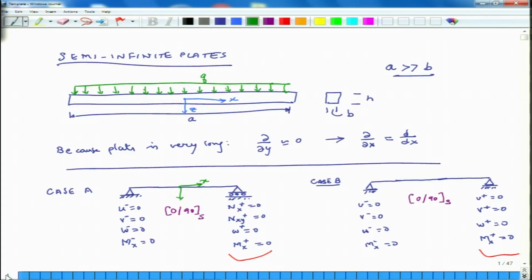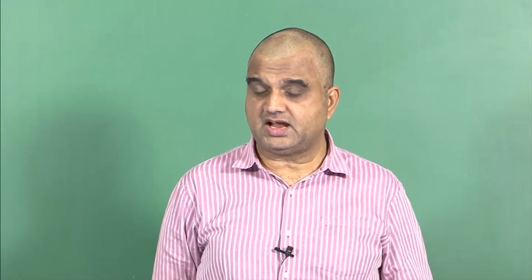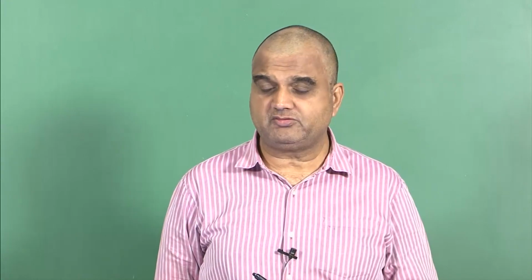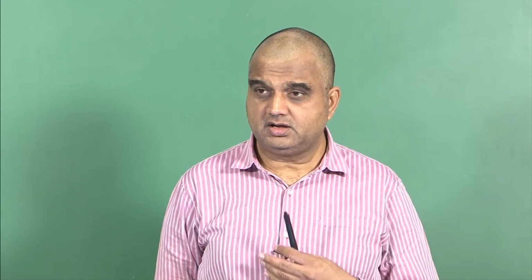What this means is that the solution for case A and the solution for case B will have an in plane solution, which will involve U and V, and an out of plane solution, which will involve W, and the in plane and out of plane solutions are decoupled, because in both the cases the lamination sequence is symmetric.